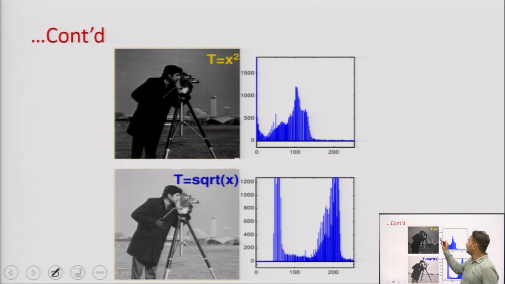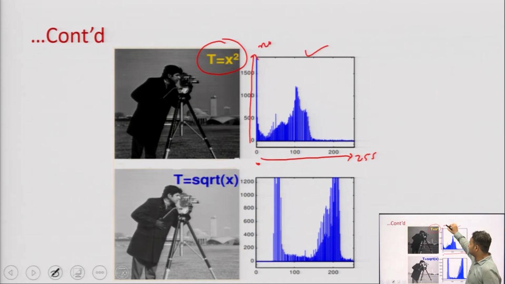Now, you can see here, if we have t equal to x square and your histogram looks like this, then the gray levels run completely from 0 to 255, and here you may observe the number of pixels.